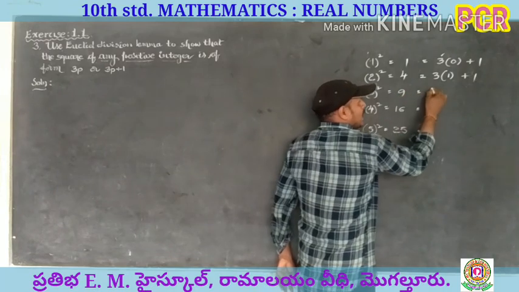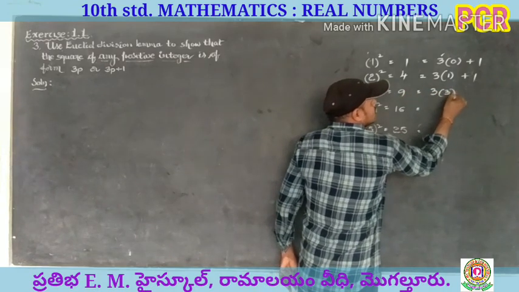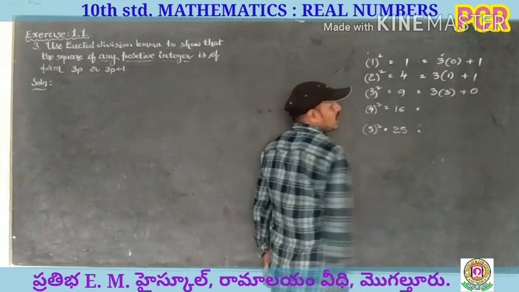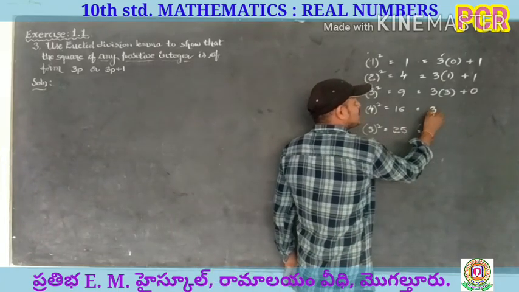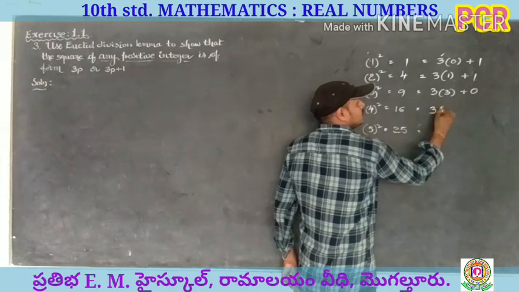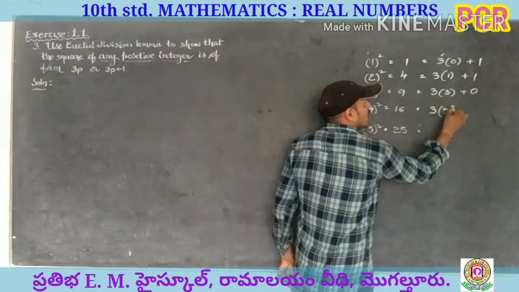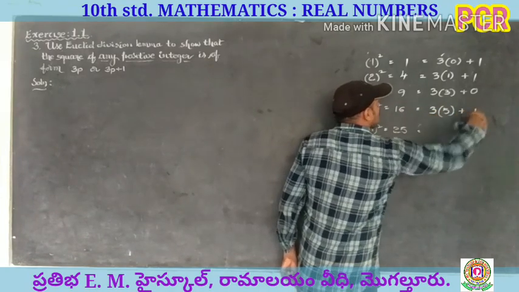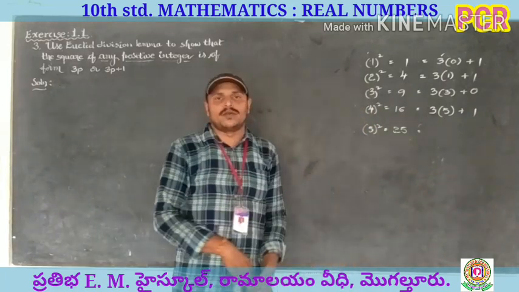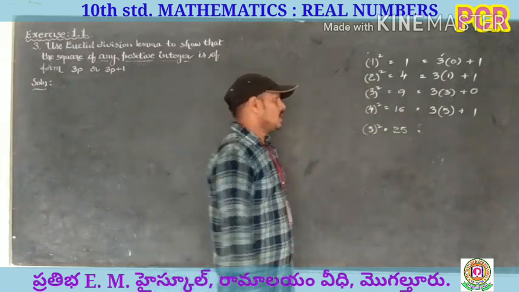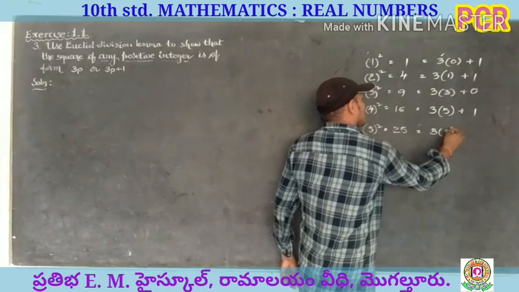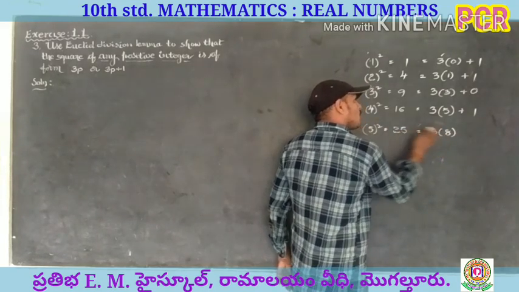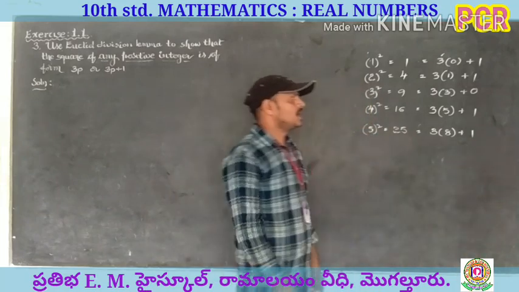And if we divide 9 by 3, 3 3s are 9 plus remainder 0. If we divide 16 by 3, 5 times 3 is 15 plus 1. If we divide 25 by 3, 8 3s are 24 plus 1.